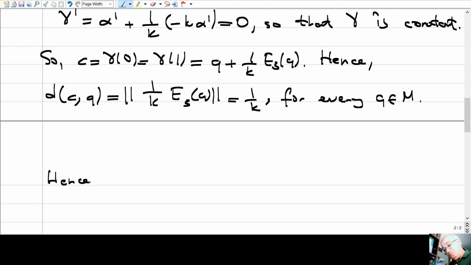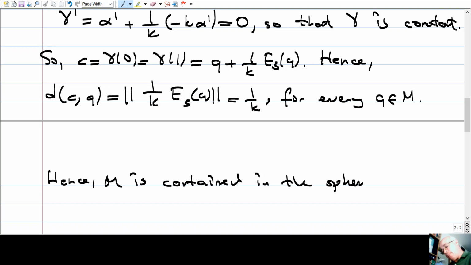Hence, M is contained in the sphere of radius 1 over K and center C. And this finishes the proof.